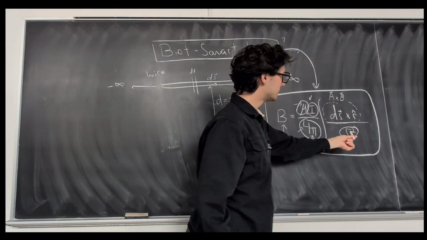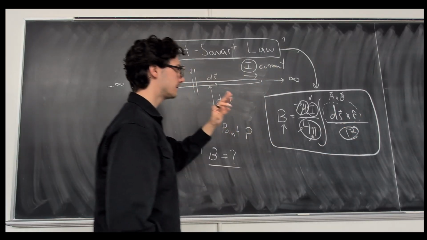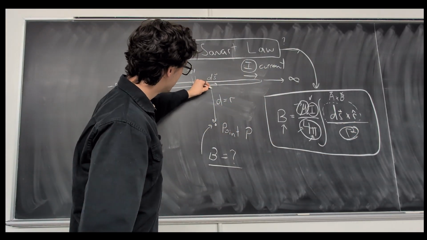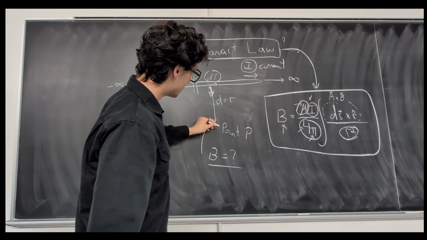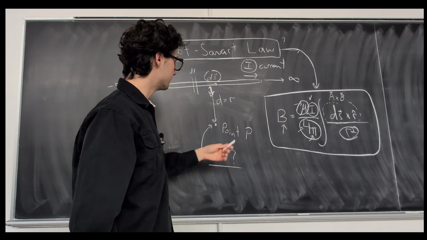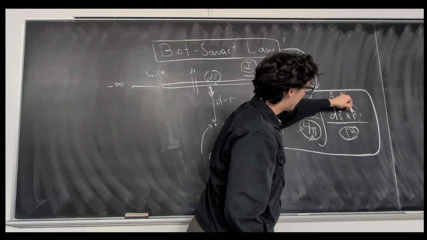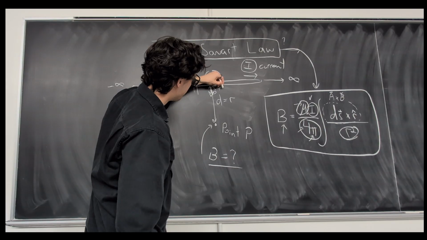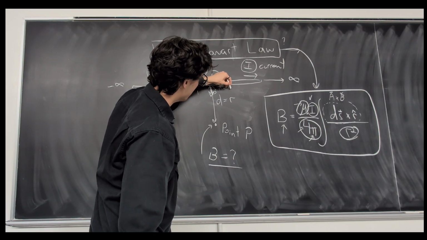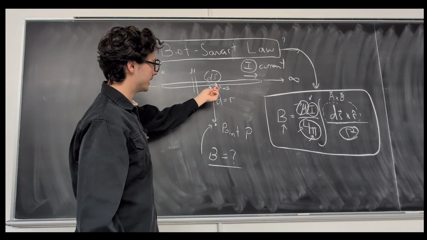This r, notice it is the same r as this, except it has a hat. That is the direction from this towards your point where you're trying to calculate the magnetic field. And it has a hat on top of it because the length of this r is equal to 1. So this is called a unit vector.